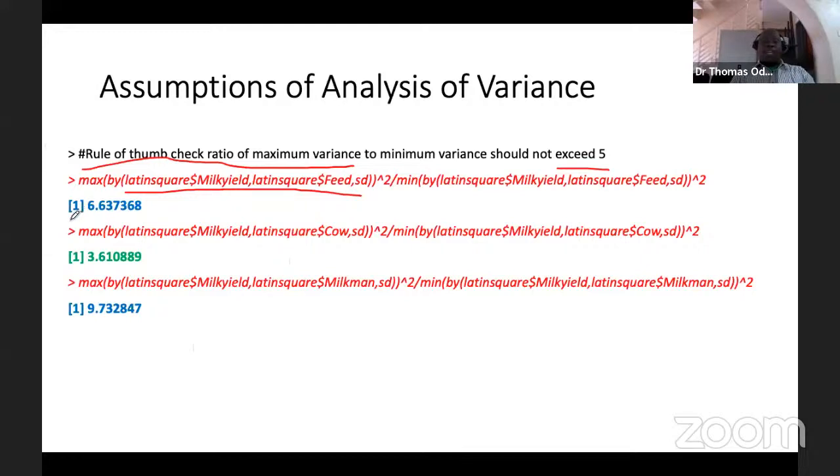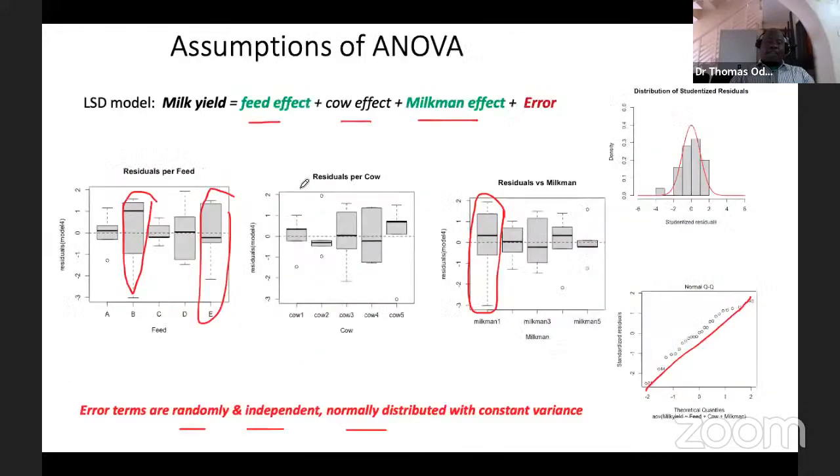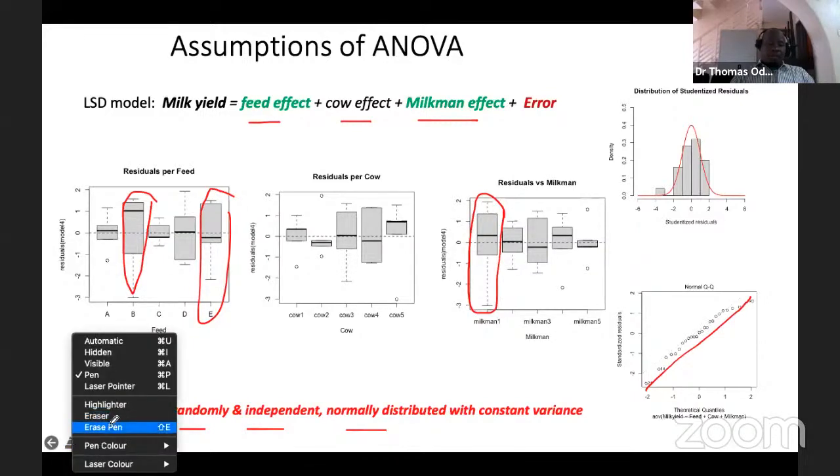So for the feed, we take the ratio of the maximum variance in each group to the minimum variance. Let me first clean this one off.